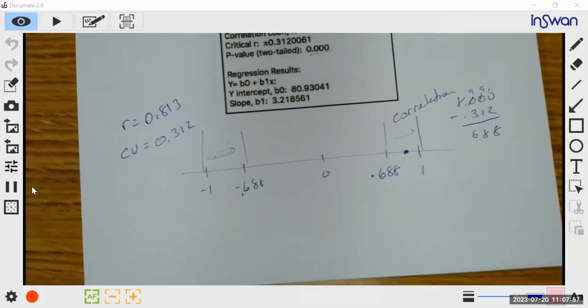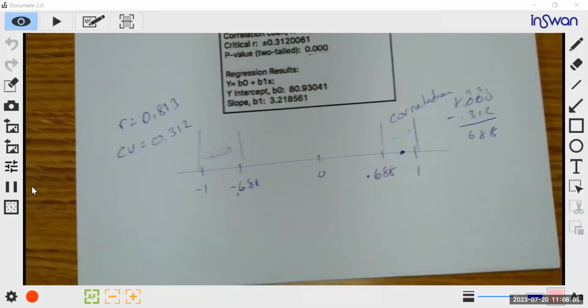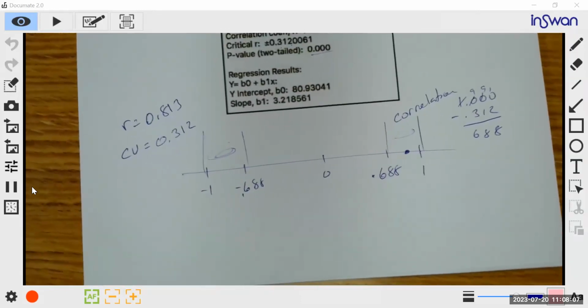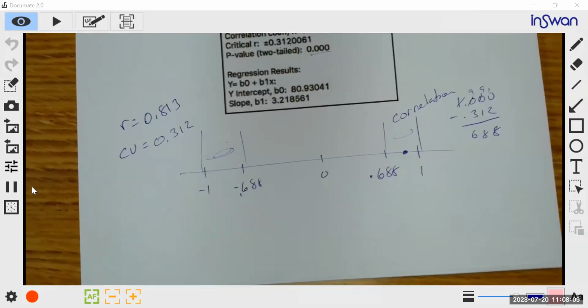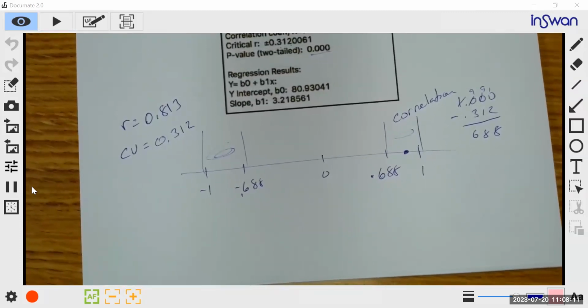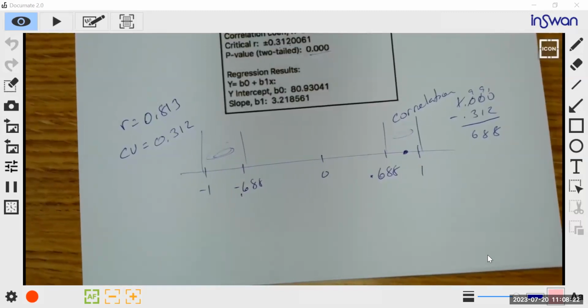It has a correlation, but it's not strong. So that's how this stuff fits together. The problem is, how do we find the numbers? That's what we do next week. And that's it for today. That's all she wrote. I know, did I confuse you all even further?